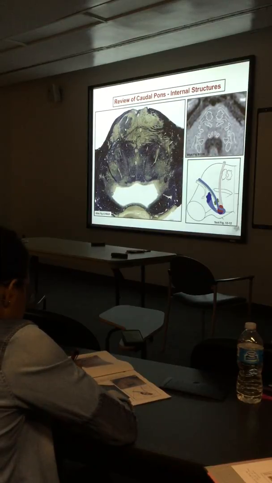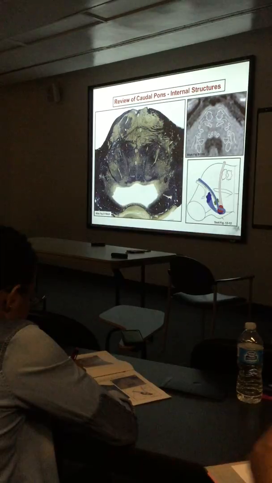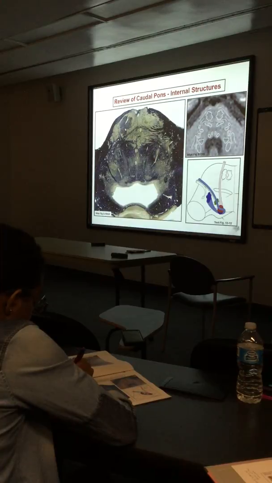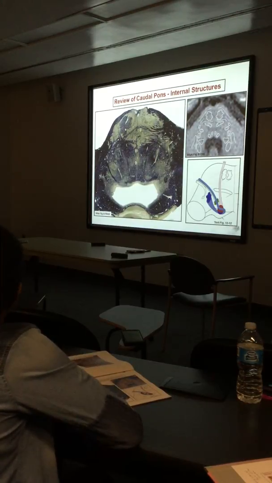From about this level of facial colliculus, level of abducens nucleus, from this level up, many of those fibers are ascending, because this tract conveys information down the spinal cord, and this tract conveys information from parts of the brainstem up, and particularly to motor nuclei that move the eye.